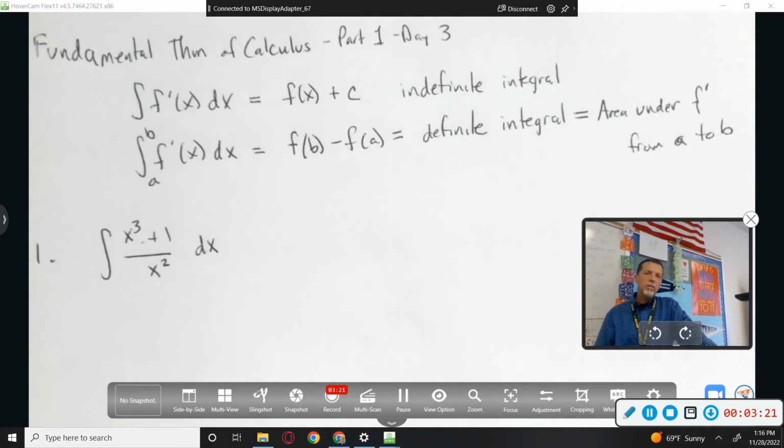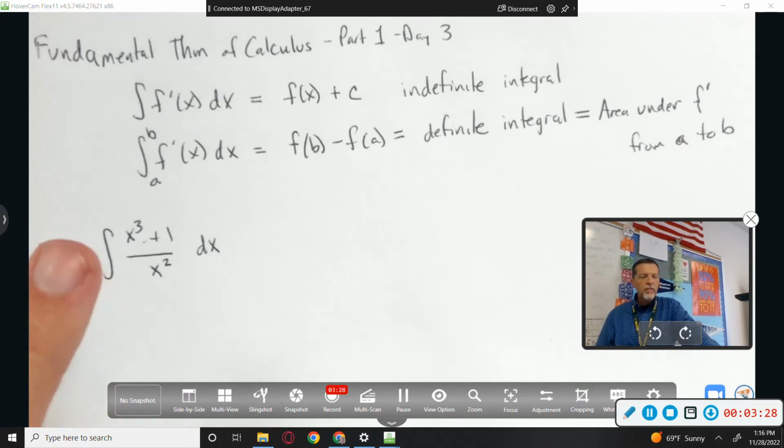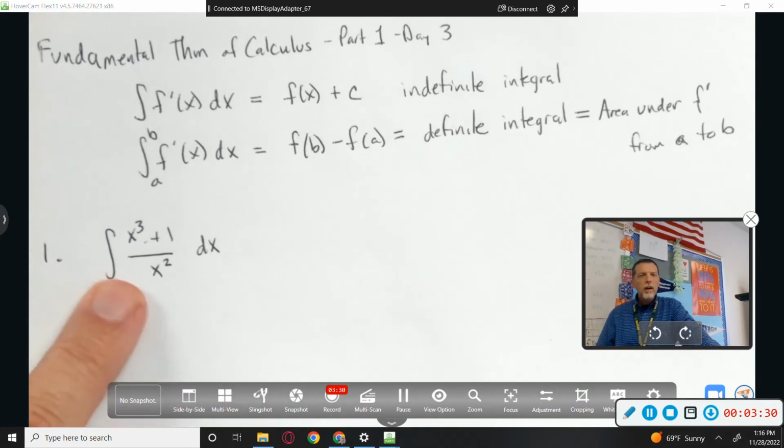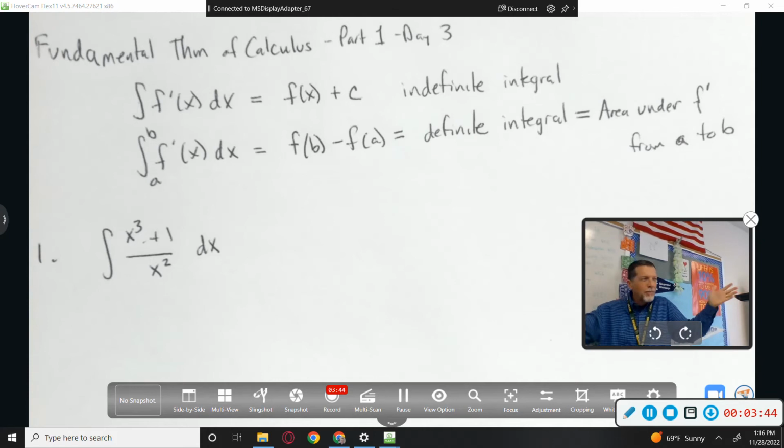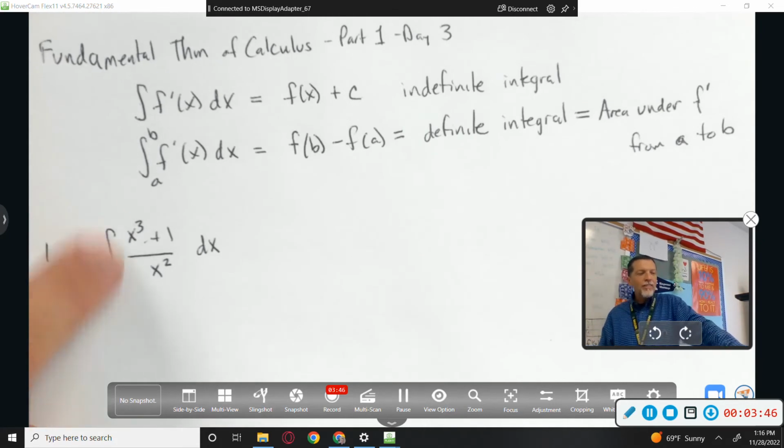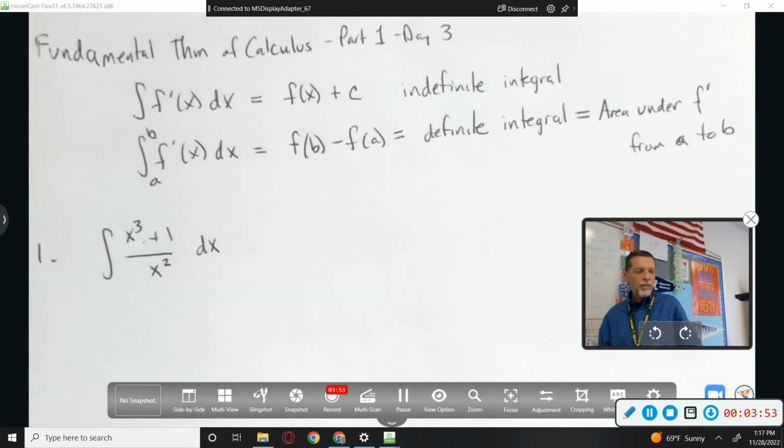Does this represent an area or not? No. Why not? Because it doesn't have a and b. So you wouldn't know, like, well, where am I looking? So you can't think of this one as an area because it doesn't have limits on there. So we're going to have to take the antiderivative of what's inside there.